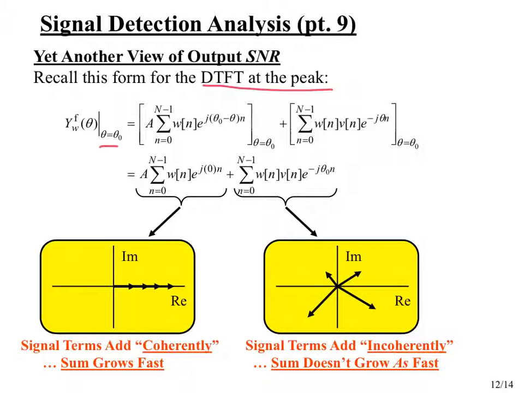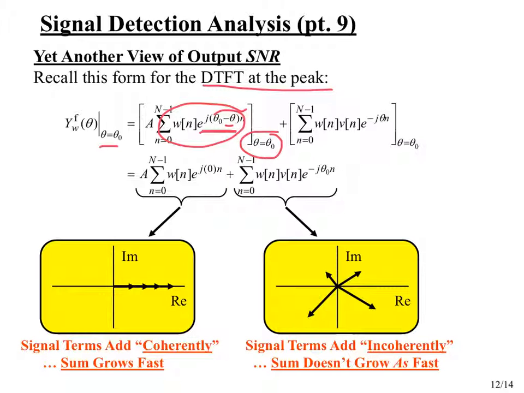So what's really happening? When I plug in theta sub 0 for theta, notice that this thing, which was a complex sinusoid, at other frequencies when I'm doing this sum, I'm adding up complex numbers that are just wiggling all over at different frequencies, different angles as I go through n.